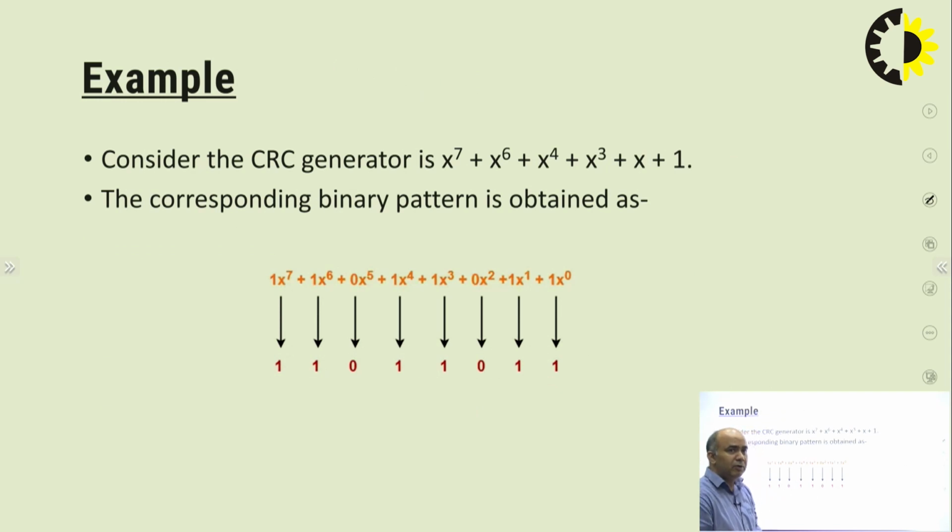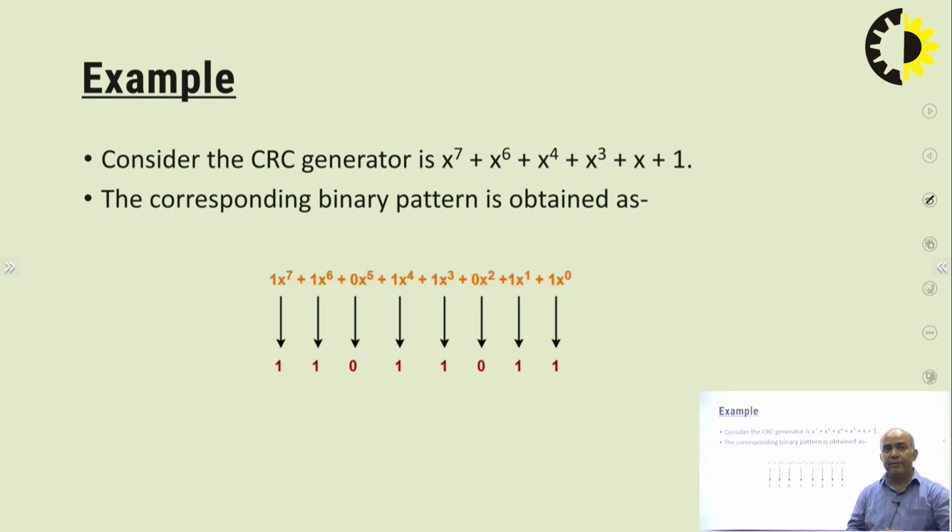Let us suppose we consider this CRC generator with the given polynomial expression, x^7 + x^6 + x^4 + x^3 + x + 1. We need to convert this into a binary pattern.